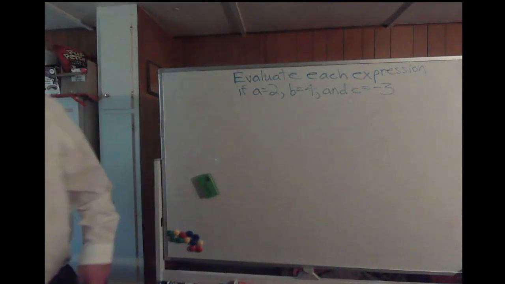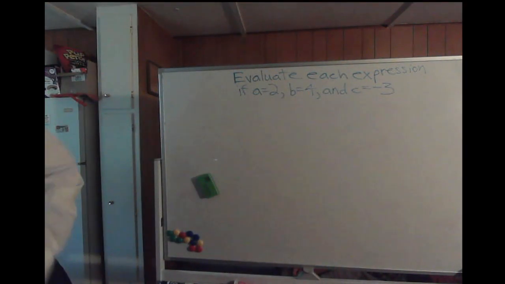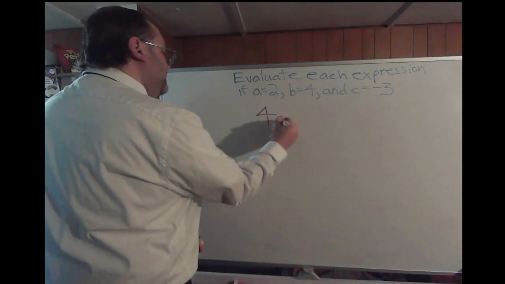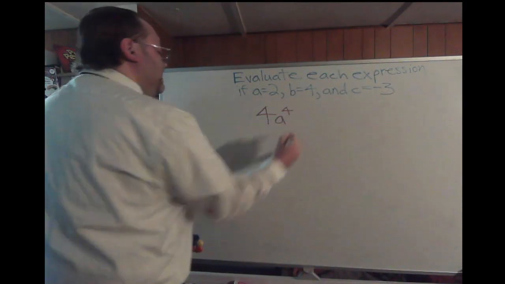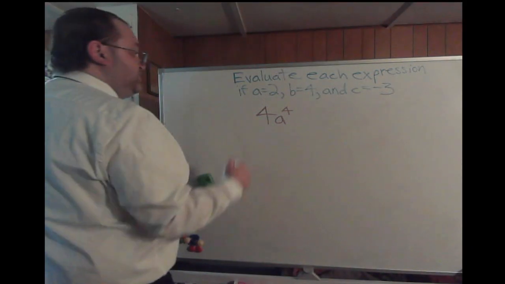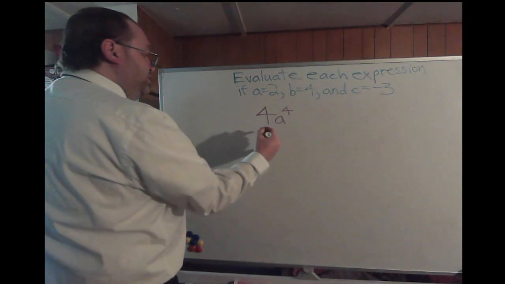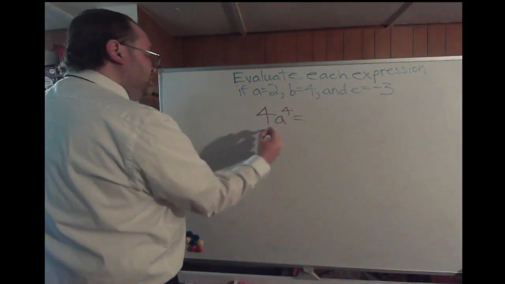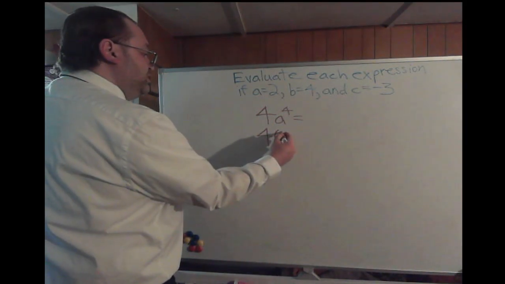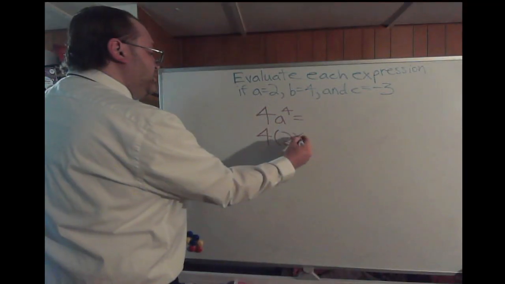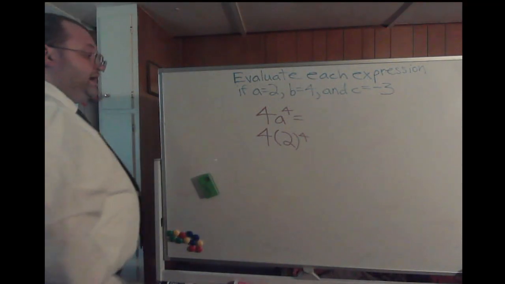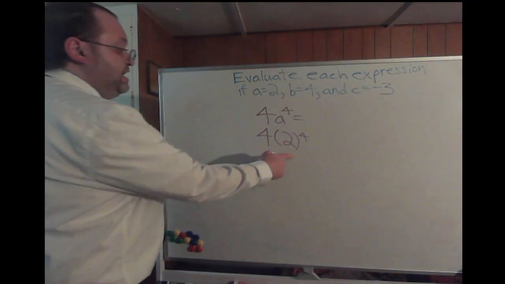Alright, what's next? Alright, we got 4a to the 4th. How are we to evaluate that? Well, of course you see a equals 2, you're going to stick in 4, you'll have that 4, then where the a is, you'll put 2 to the 4th power. So now we have multiplication times an exponent.